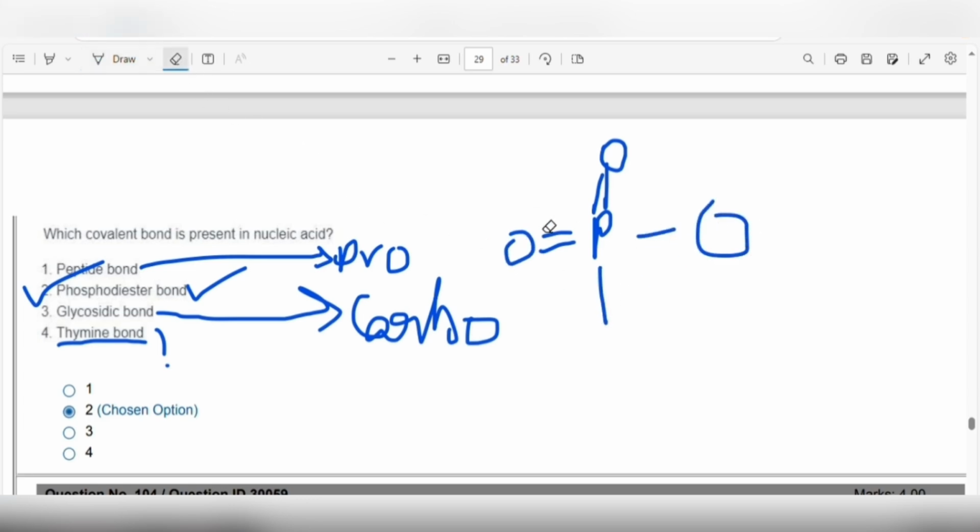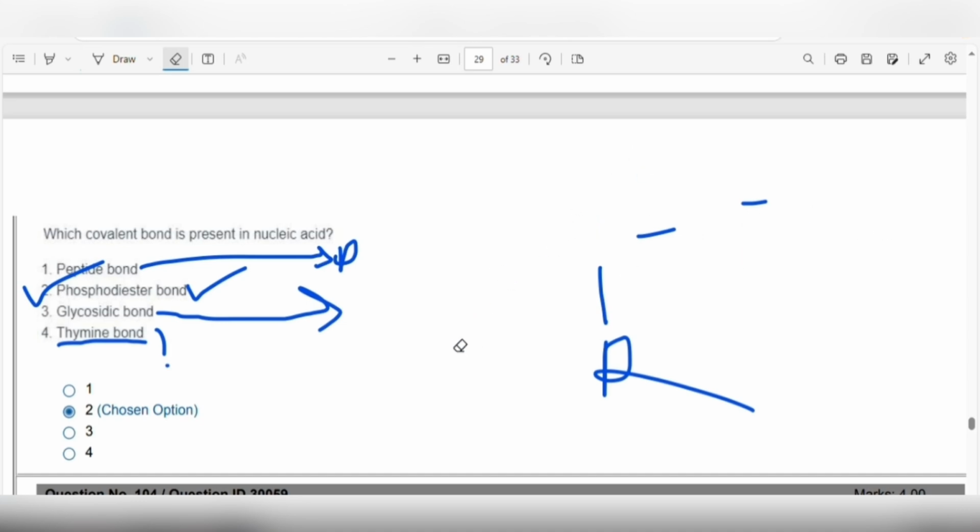All right. So nucleic acids have phosphodiester bonds. All right, so option B will be the correct answer. Option 2.